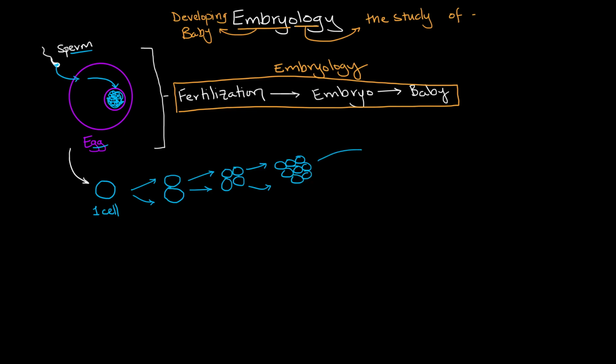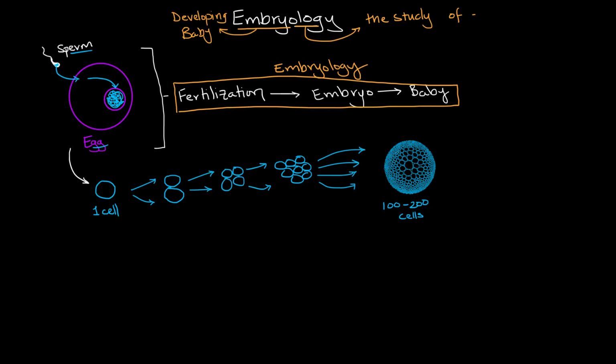And then they'll just keep dividing until we get a big ball of cells. We'll have a big ball of cells like this, and this is about 100 to 200 cells. So quite a bit larger.